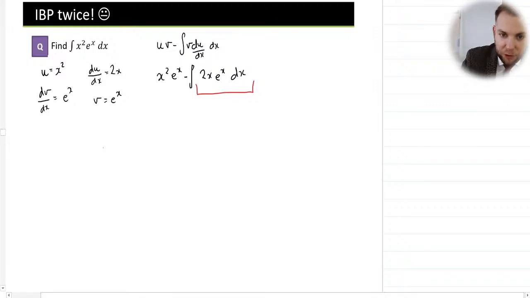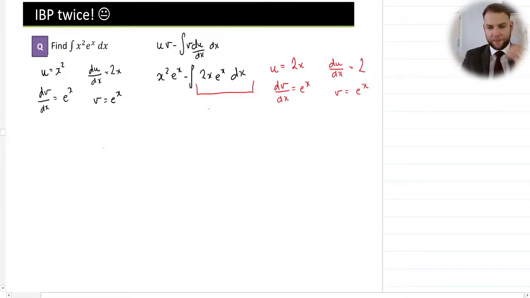So now we do it a second time, not forgetting this first part, but for this second part, I need to say u is equal to, well, which part now differentiates to a coefficient? It's the 2x. So this differentiates to 2. dv by dx is e to the x, and that integrates back to e to the x, okay?